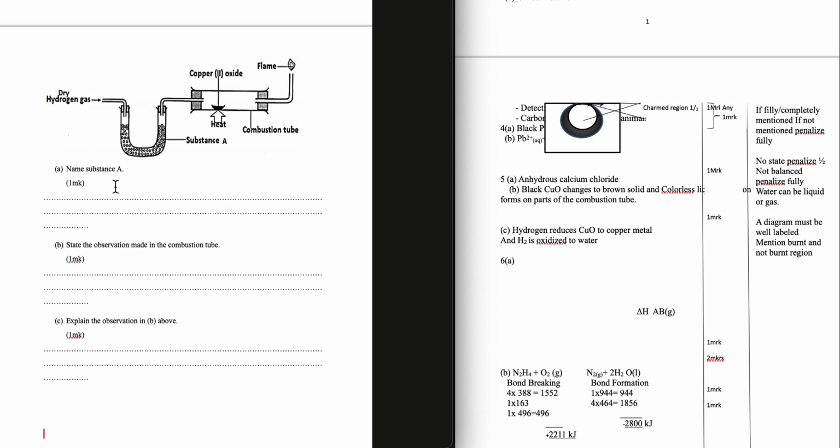Name substance A, anhydrous calcium chloride.